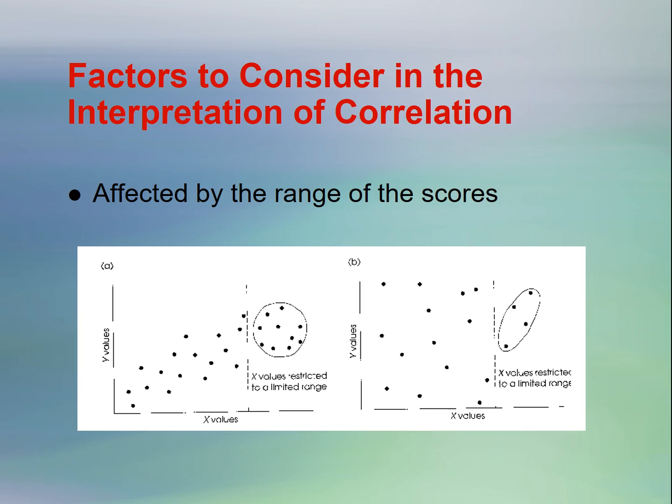However, if I only look at the upper right plots, there is no relationship at all. In the diagram on the right, if I look at all scores, there is no relationship. The R value is close to 0. But if I look at the right side of this plot, there is a linear relationship. So I do not want to have a restricted range of scores if possible.